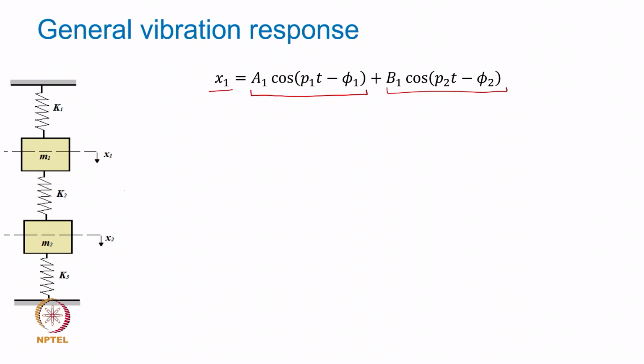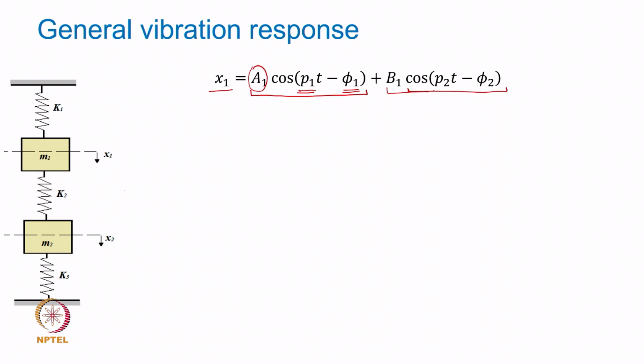Okay. So, the first term in general represents some amplitude value, we do not know how much, with the first natural frequency, which we can find out from the parameters of the vibratory system, and we have now introduced some phase, phi 1. Similarly, a contribution will come from the second mode.